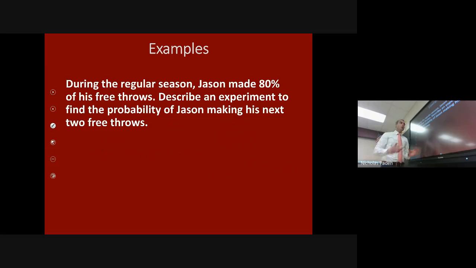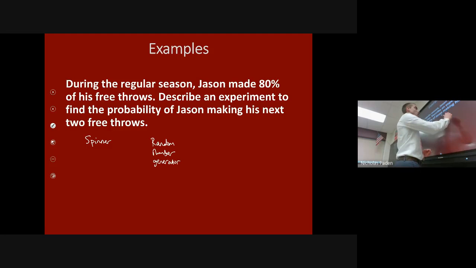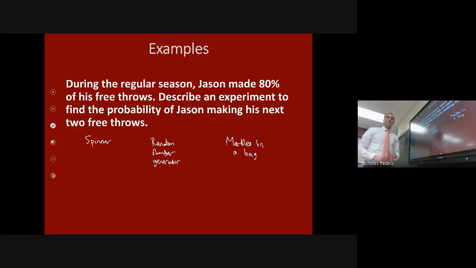So once again, you could either use a spinner, a random number generator, or marbles in a bag. For all of these, you would want to have 10 total options.